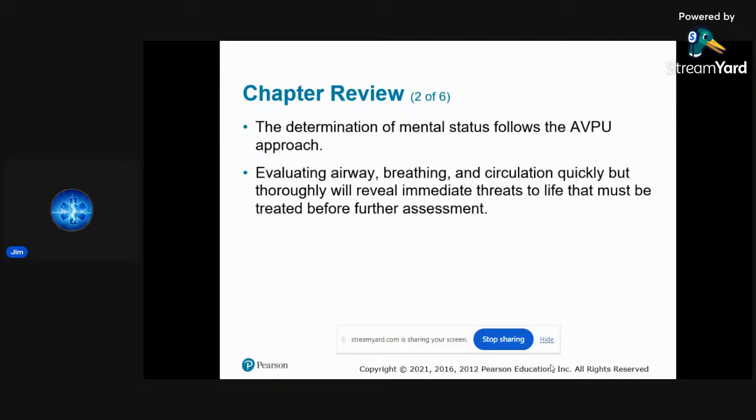Like I've said before, if we find a life threat, we fix it before we move on. And what are life threats? Inadequate breathing, an unpatent airway, a weak pulse, severe life-threatening bleeds. These are all life threats.